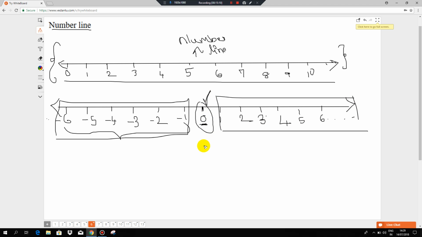And 0 is greater than negative numbers. Like this I'll show you: negative numbers, 0, positive.